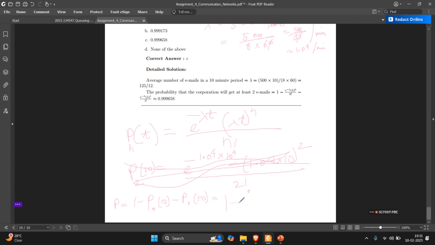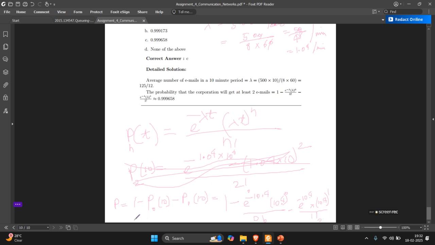So 1 minus P(0,10): e to the power minus 1.04 into 10, that is lambda t, which is 10.4, to the power 0 by 0 factorial. And the next one is e to the power minus 10.4, 10.4 to the power 1 by 1 factorial.